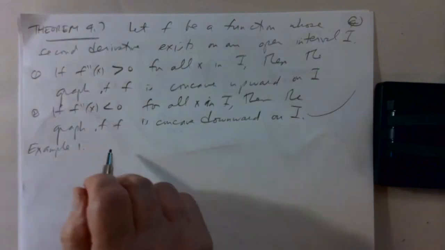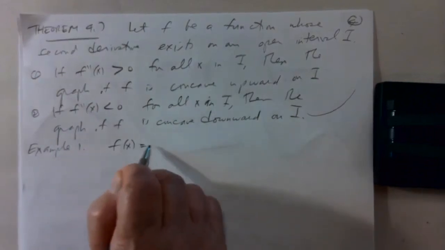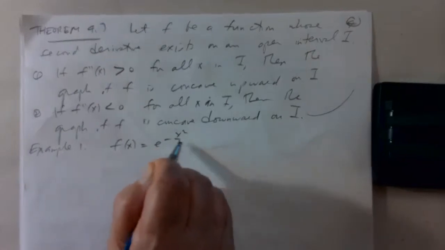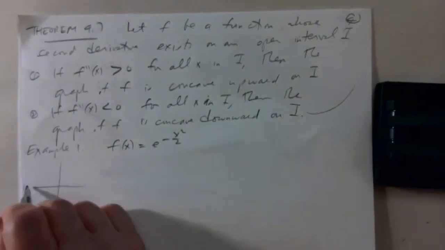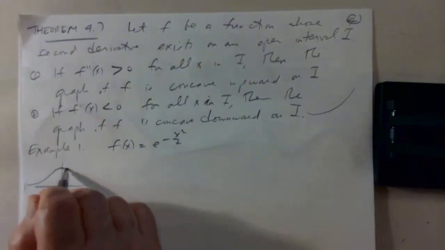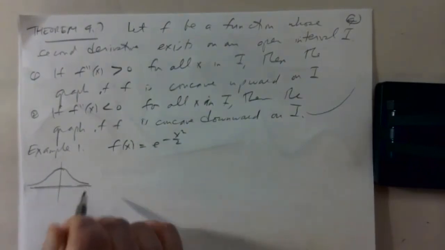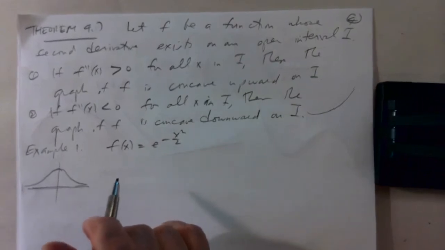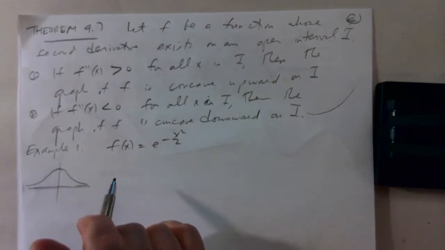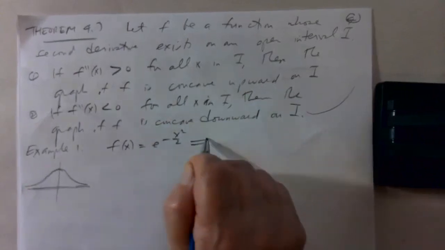Example 1. We have the function f of x equals e to the minus x squared over 2. This is a bell-shaped curve in probability and statistics. That's what the graph looks like. We want to find open intervals where the curve is concave up and open intervals where the curve is concave down.